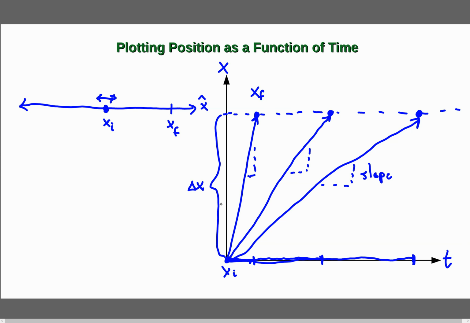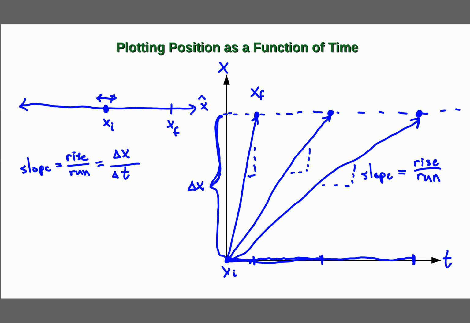The slope of a line, remember, is rise over run, or the change in the vertical direction divided by the change in the horizontal direction. So if we look at our plot, the slope is equal to rise over run, which is equal to delta x, this distance that's been covered, divided by delta t, whatever horizontal distance, the amount of time that we took to cover it.